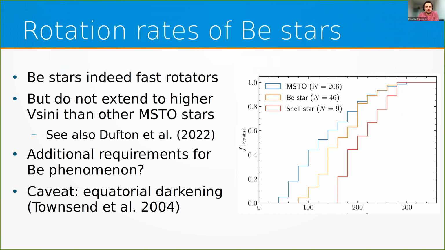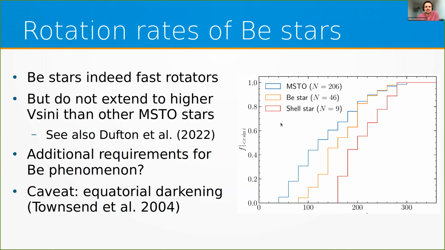And then finally, we can also look at the rotation rates of the BE stars and the shell stars. So here are cumulative distributions of the V sin i measurements. Apologies, for some reason the units here don't show up. So on the x-axis, it's V sin i in kilometers per second.